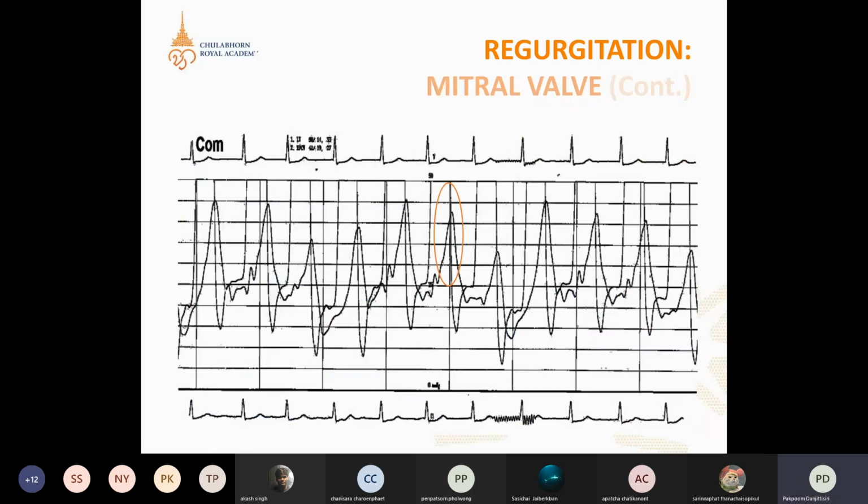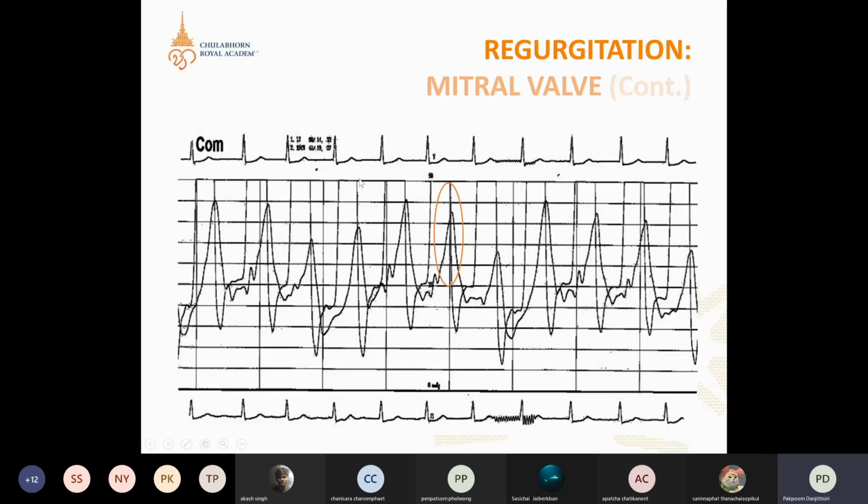This is the tracing of the mitral valve regurgitation. Actually it's quite hard to find which wave is the A wave, C wave, or V wave. You just have to find which waveform correlates to the EKG. Definitely, after the T wave is end systole, right?